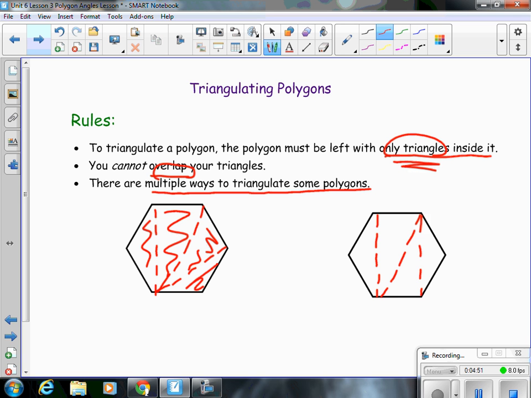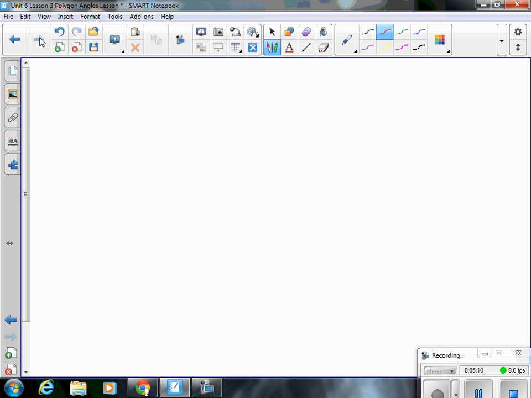So now I have, here's a triangle, here's a triangle, here's a triangle, and here's a triangle. So I've got only triangles again. My triangles do not overlap, and I've shown you multiple ways to triangulate this shape, this hexagon. And that's it.